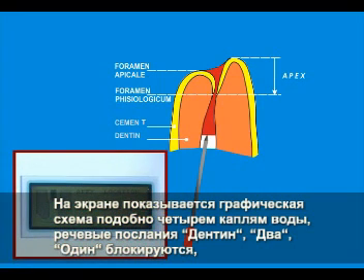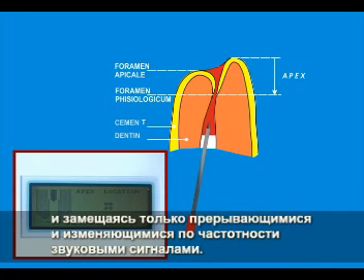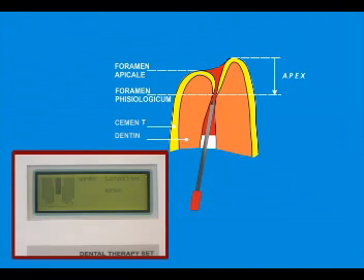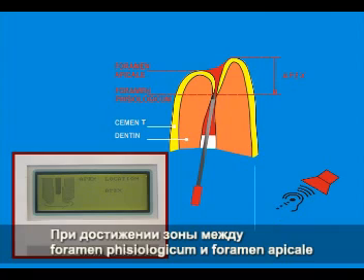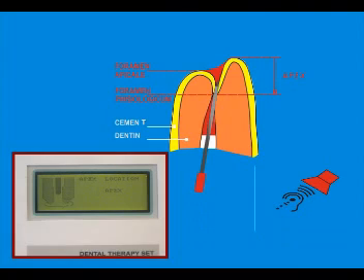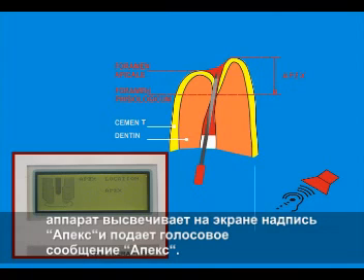The speech messages "dentin", "2", "1" are locked, and there is only an interrupted alternating frequency sound signal. On reaching the area between foramen physiologicum and foramen apicale, the device writes "apex" on the display and announces a speech message, "apex".